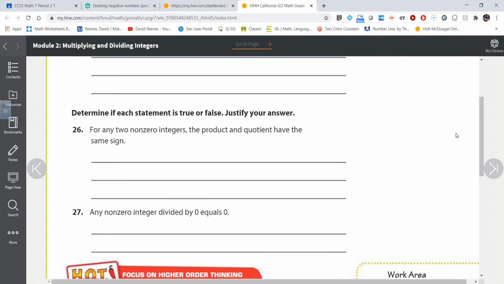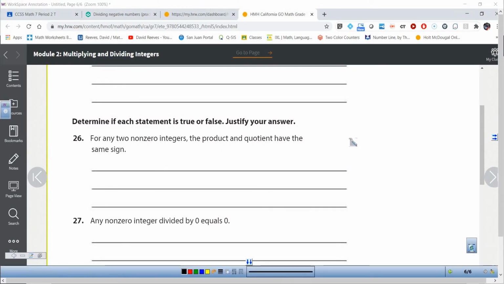Okay, let's talk real quick about dividing by 0, all right? Because I'm not quite sure if we got this in our other video, okay? First of all, 0 divided by anything except 0 equals 0.